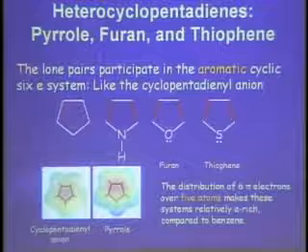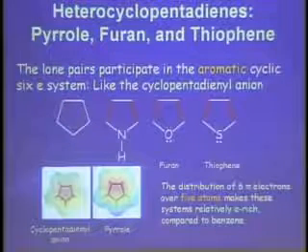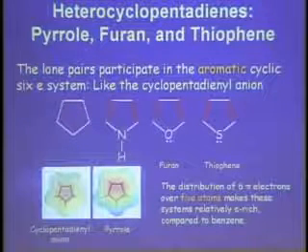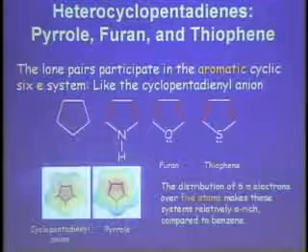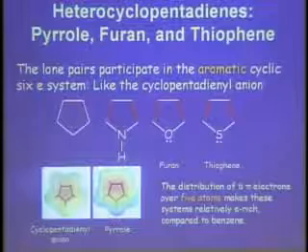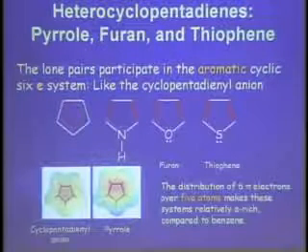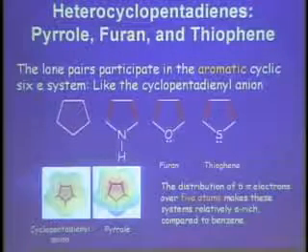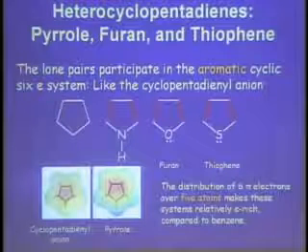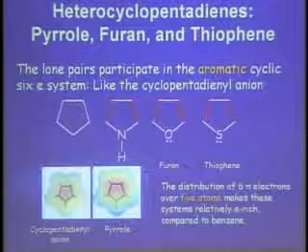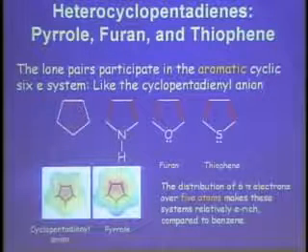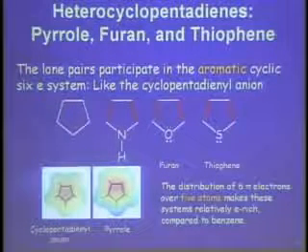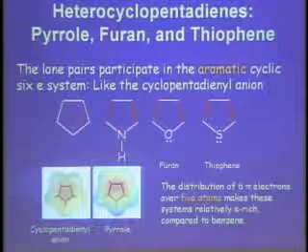Okay? So when you replace one of these carbons with a heteroatom as in the next compound, which is called pyrrole, now we don't need a hydrogen; you replace CH2 with NH. And so now we have a nitrogen here. And I should put in the hydrogen again. Sorry.